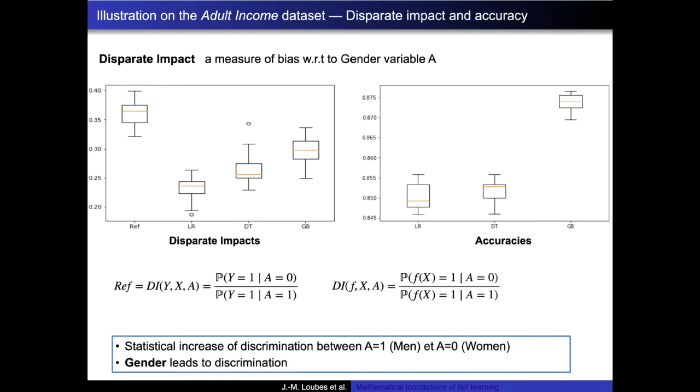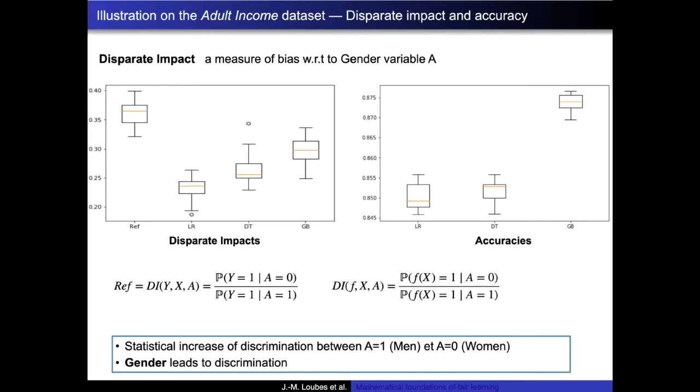I can measure the proportion of people who have a high salary, that means that have Y equal to 1, among the group of women, so among the people who have A equal to 0, where gender is modeled by the variable A, which is 0 if it's a female and 1 if it's a male.